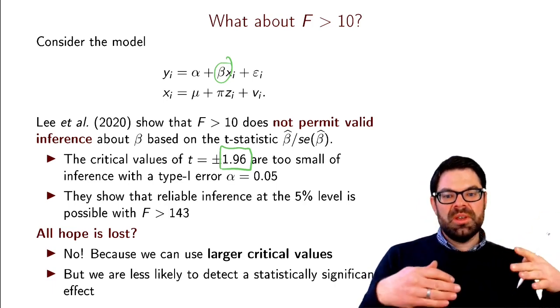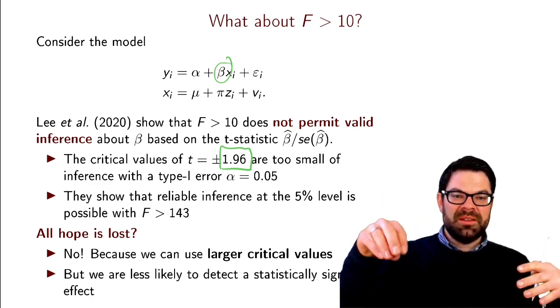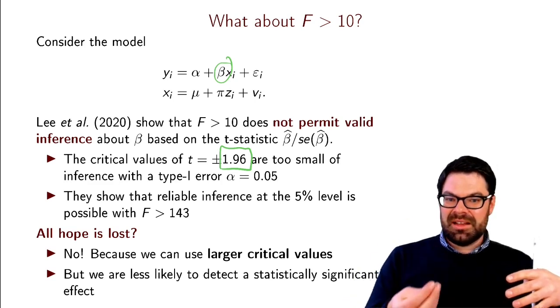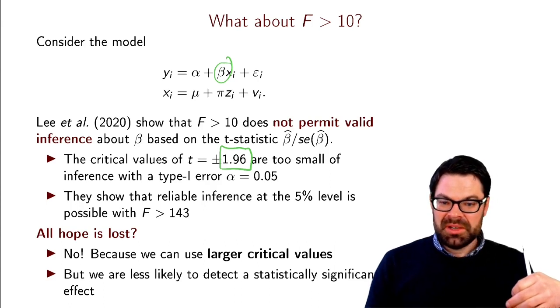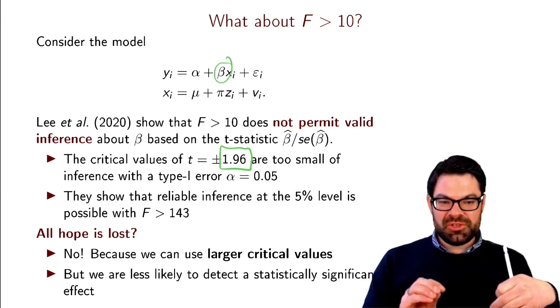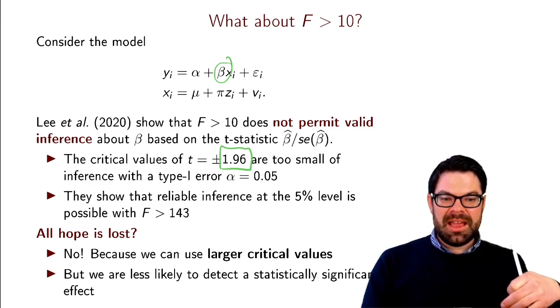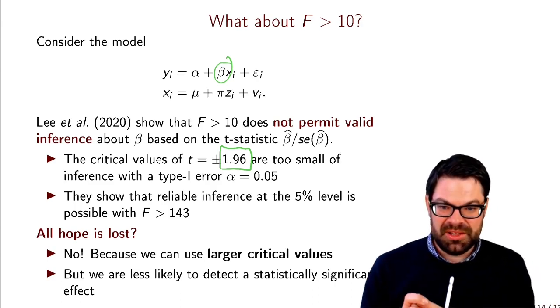But what they show is that, again, because your instrument only uses a fraction of the variation in the regressor, you would actually need a much higher F to get reliable inference at the 5% level using those critical values.